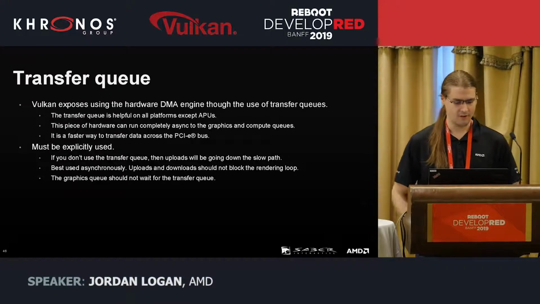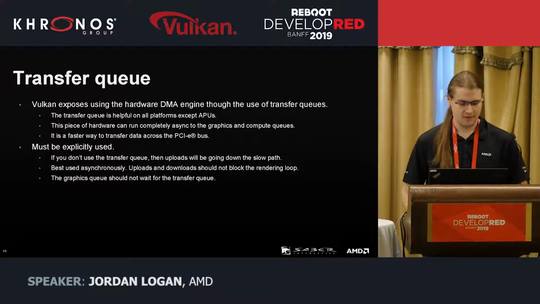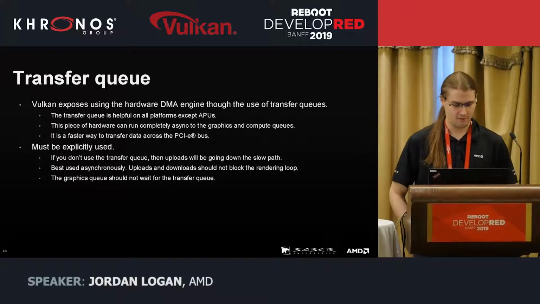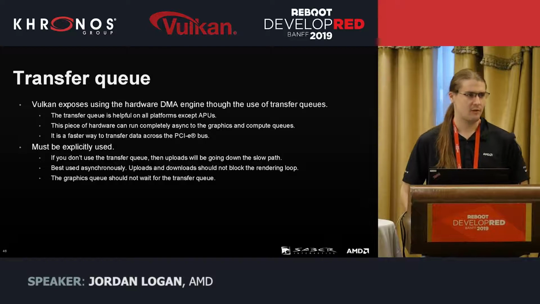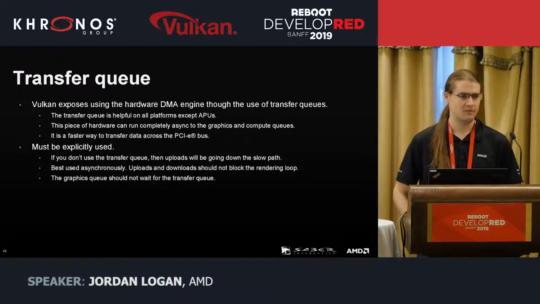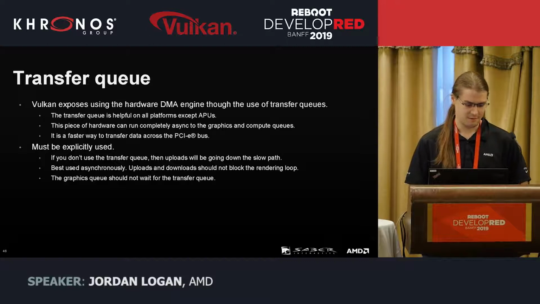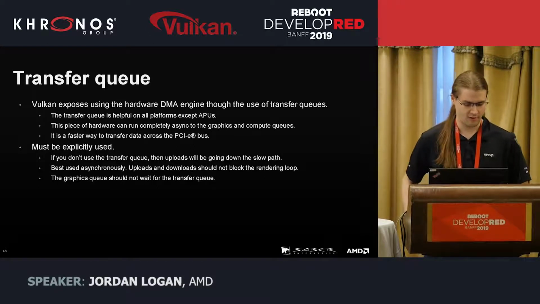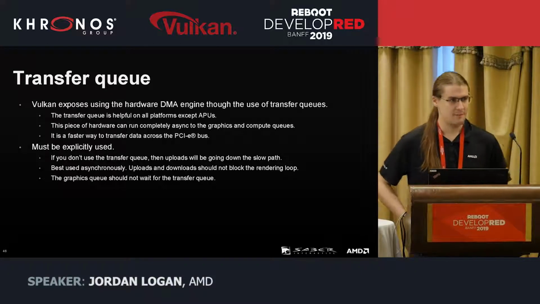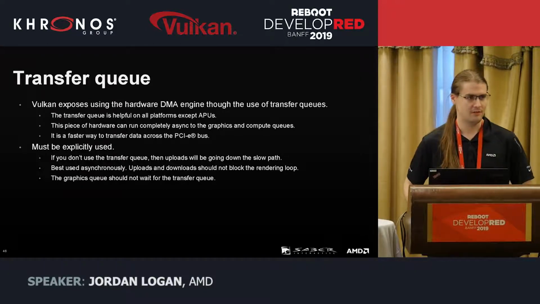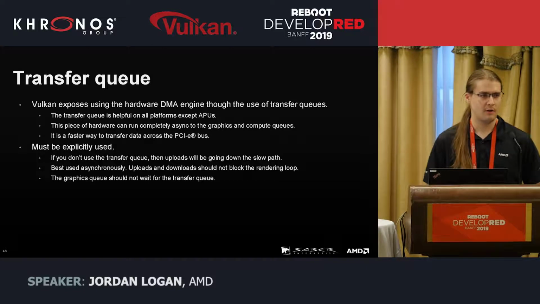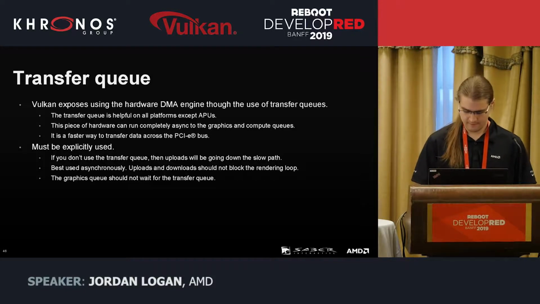This helps on all platforms except APUs, it's completely asynchronous to the graphics and compute resources on AMD hardware, and it is the fastest way to get data across the PCI Express bus. The caveat is that it has to be explicitly used, and you have to do all the synchronization yourself. Because of this, we recommend that you do not use the transfer queue for anything that would require the graphics queue to wait on it, because it takes quite a while to do that synchronization point.